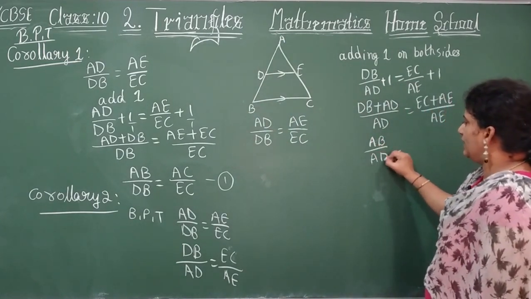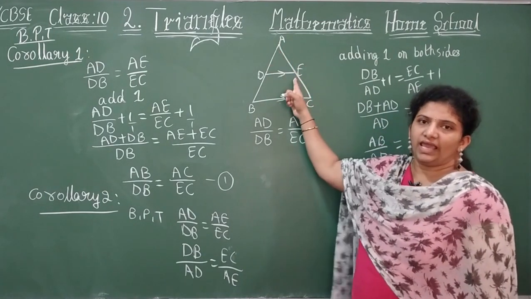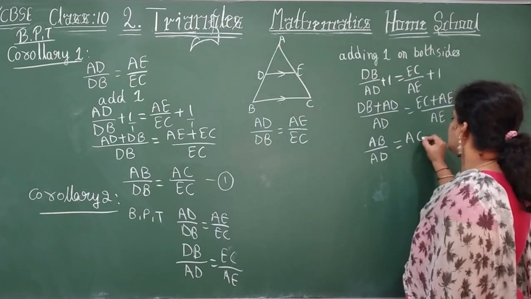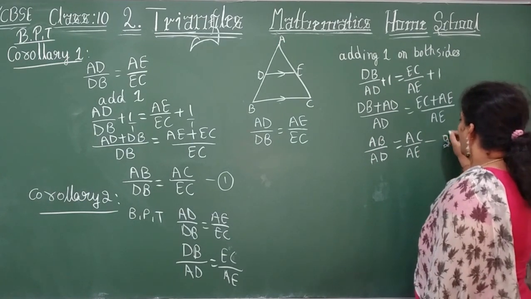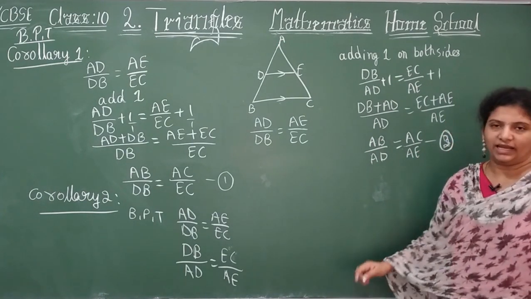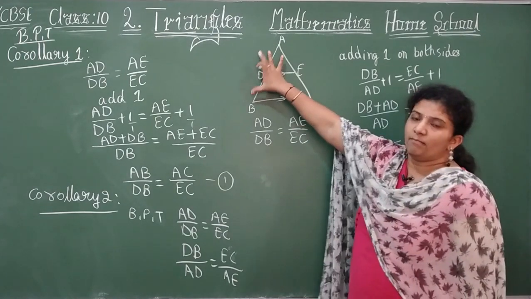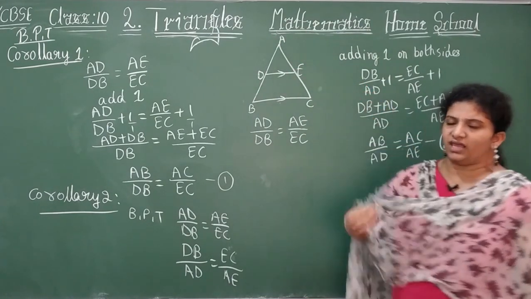AB by AD is equal to EC plus AE, what is EC plus AE? It is AC. AC by AE. This is your second corollary. Observe on the figure, children, here. AB by AD, AC by AE.